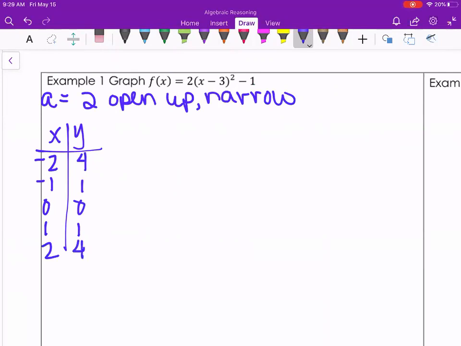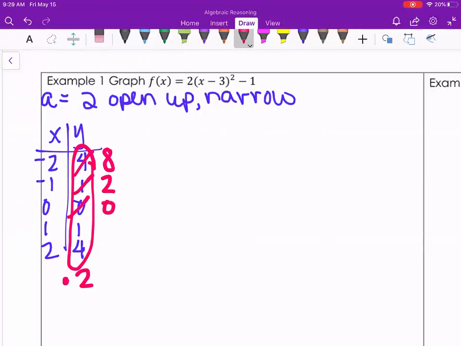All right, so last week when we did the A, we talked about how whatever that A value is, we're going to multiply all of those Y numbers by that value. So in this case, by a 2. So when I do 4 times that 2, I have an 8. 1 times 2 is a 2. 0 times 2, still a 0. 1 times 2, a 2. And 4 times 2, a positive 8.